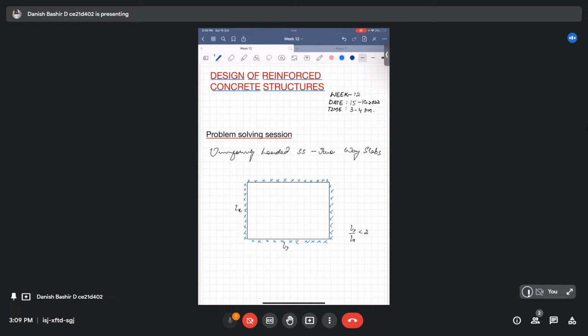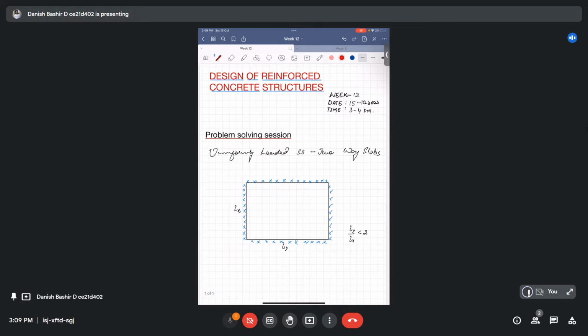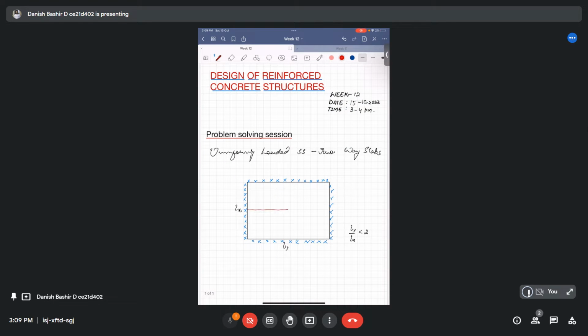So let's divide it into a small number of strips like this one. This is a strip along the mid surface like this one.